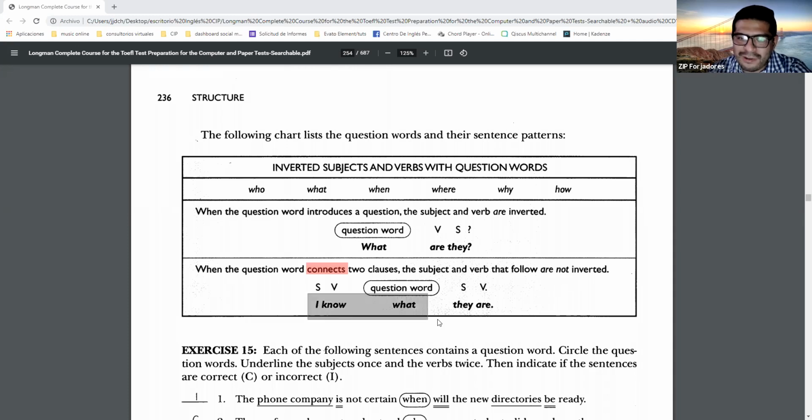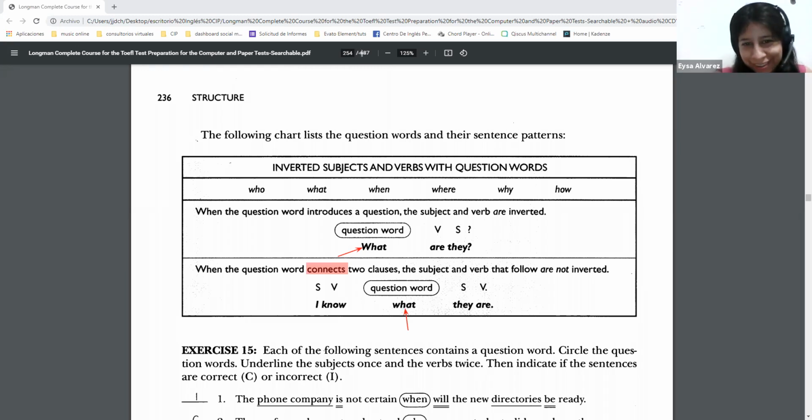I know what they are. You understand? This is a connector. This is not a connector. This is a WH question, and this is a connector.